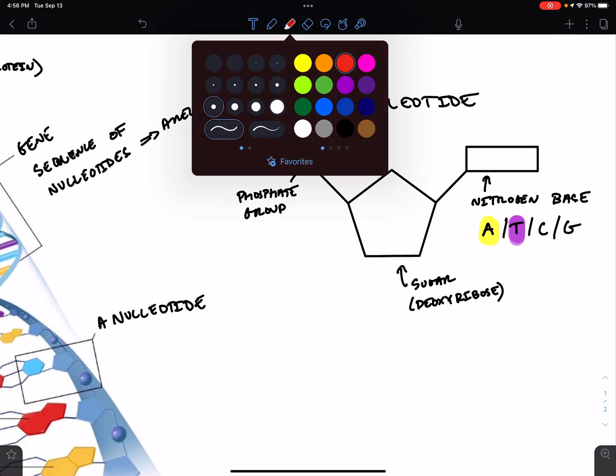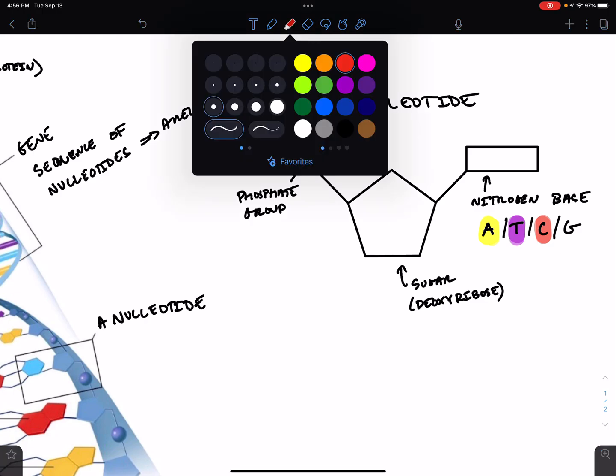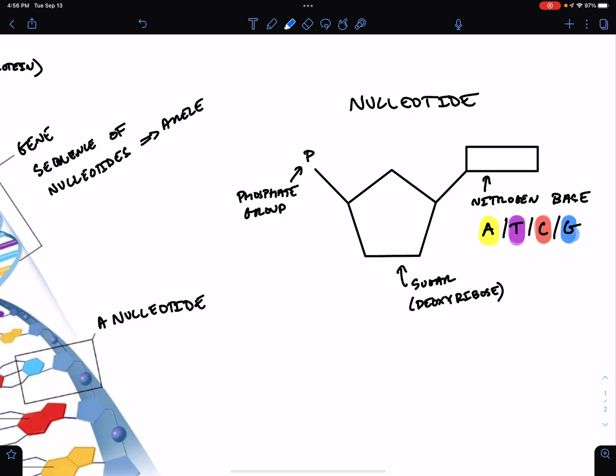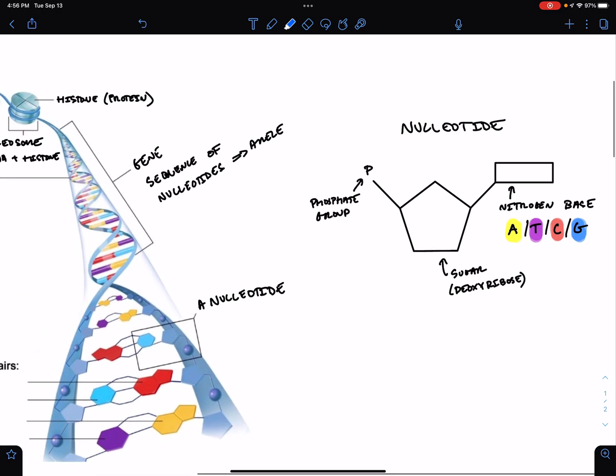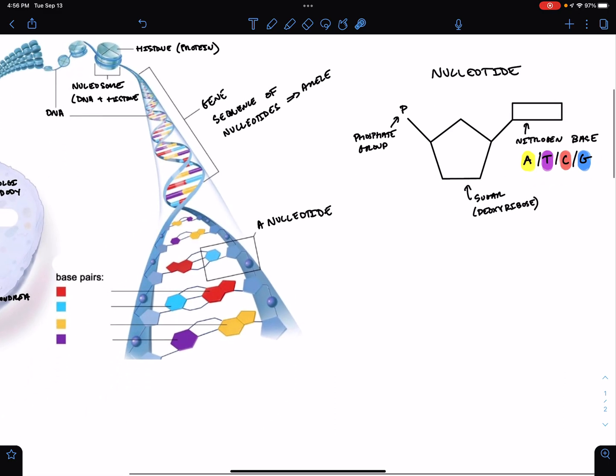Your cytosine, red. And your guanine, blue.